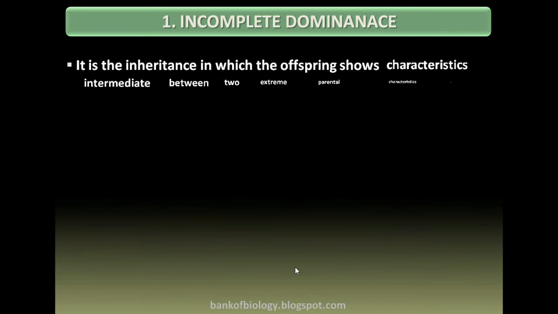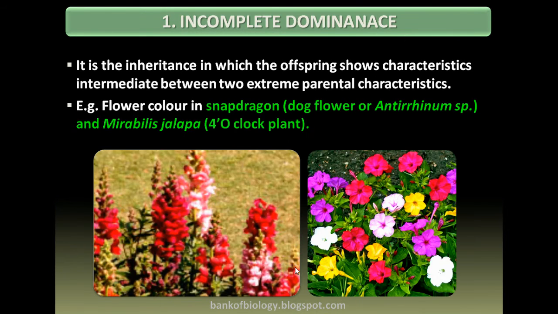First, we will take up incomplete dominance. In this, the dominant character is not completely expressing itself in heterozygous form. It is inheritance in which offspring show characteristics intermediate between two extreme parental characteristics.